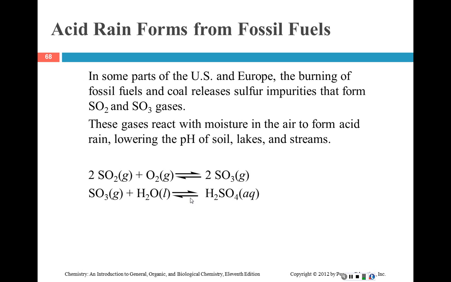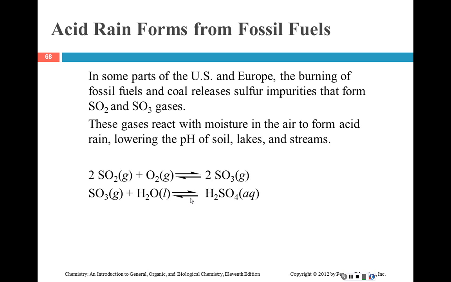Unfortunately, in some parts of our country and also Europe and other places, we use a lot of fossil fuels, and when we burn coal, coal also contains sulfur in it, and it depends on how clean it is. The higher grades are much more pure. But since you have coal in there and you're burning it, what you're going to be doing is producing SO2, which is sulfur dioxide, and SO3 gases.